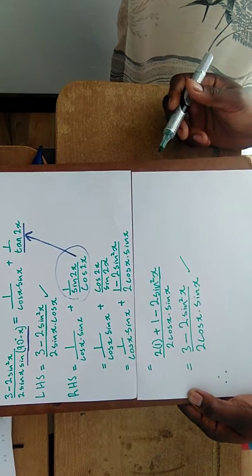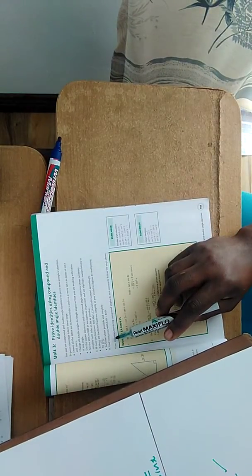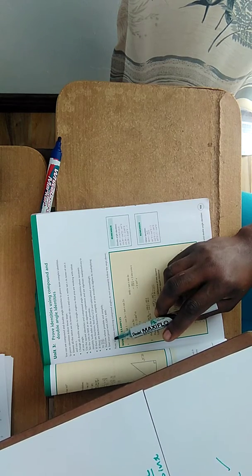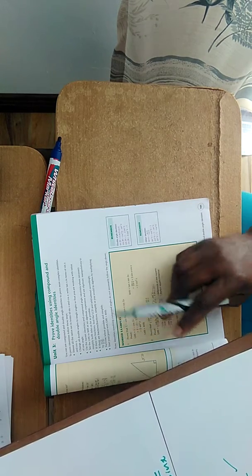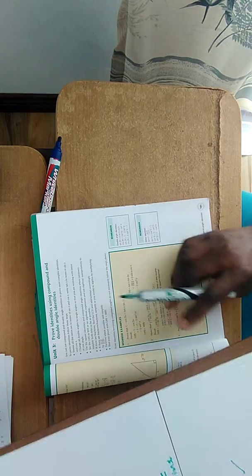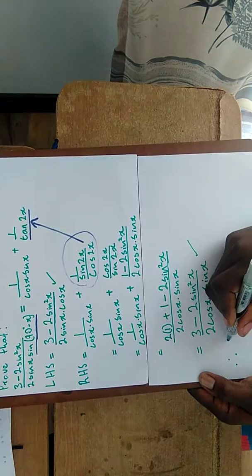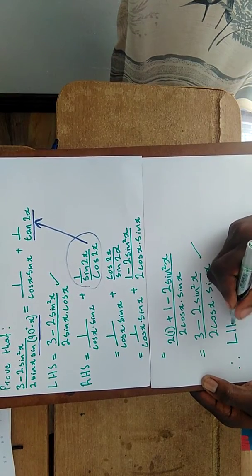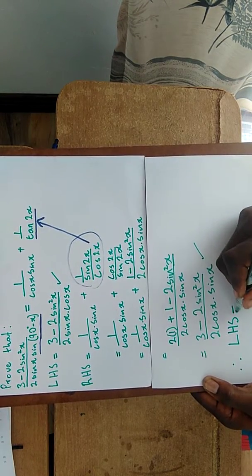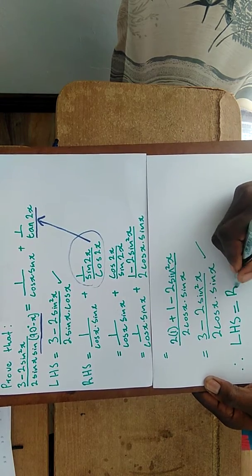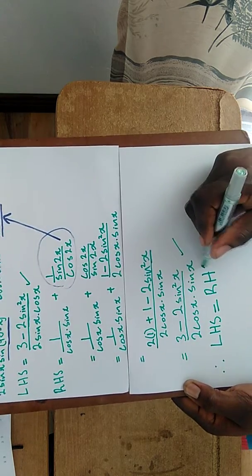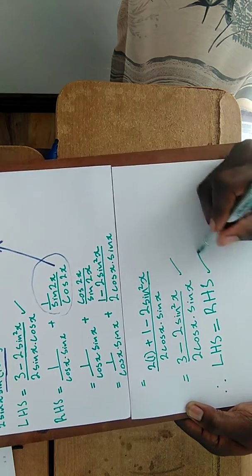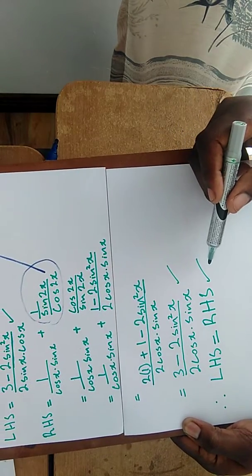We conclude by saying that, because if you check our steps here, the last step, end your proof with left hand side equals right hand side. So therefore, left hand side equals right hand side. This is the final answer. You must always conclude.